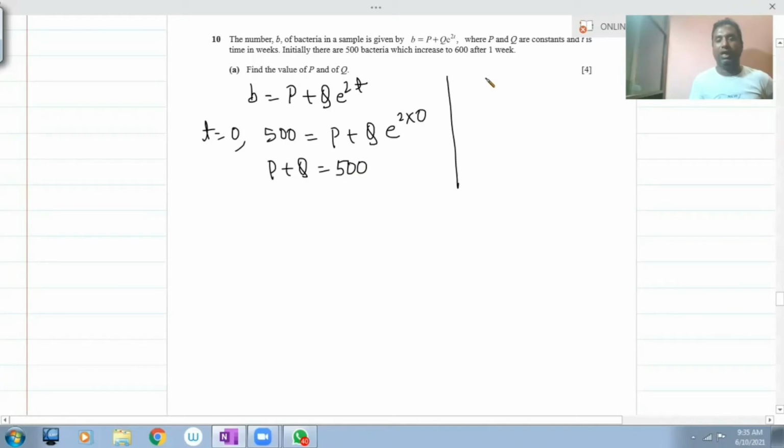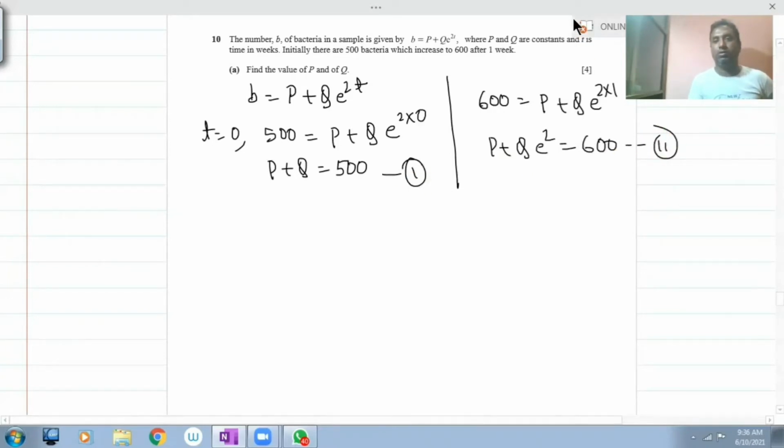Now after 1 week, I mean when t equals 1, the number of bacteria becomes 600. So P plus Q e to the power 2 times 1 becomes P plus Q e to the power 2 equals 600. So there are two equations, equation number 1 and equation number 2.